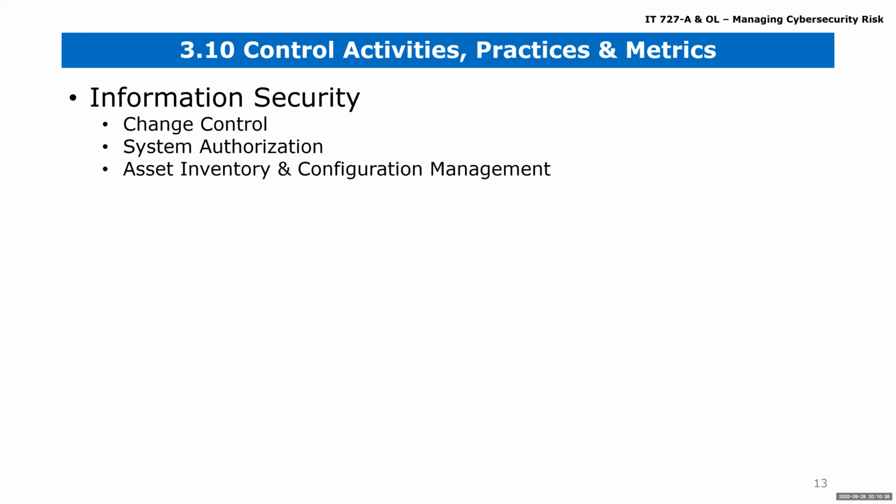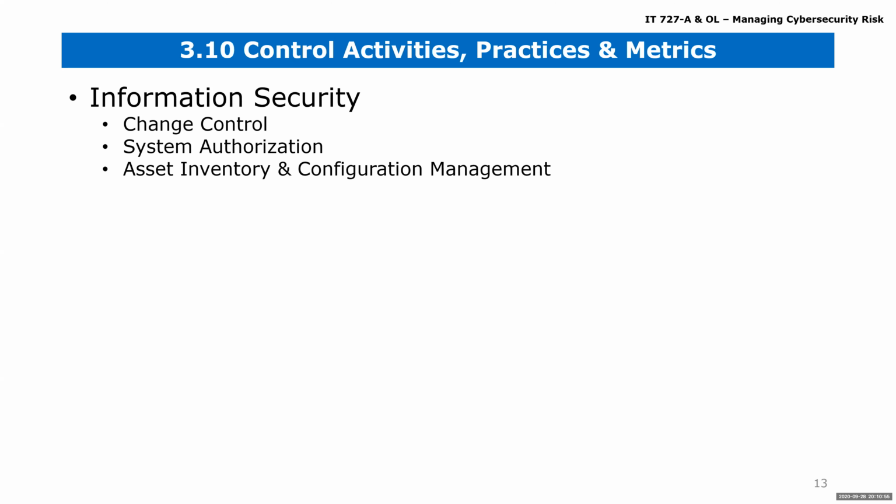One, we have change control, where as a risk professional, we must be aware of the risk associated with any changes, right? We touched a little bit on how having different hardware or different software can introduce a certain issue.